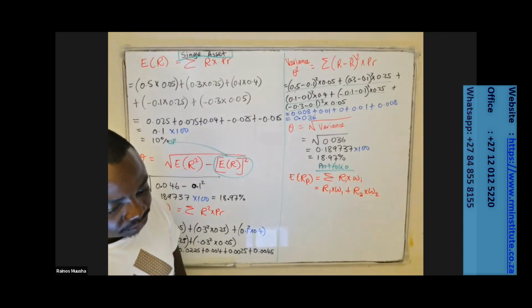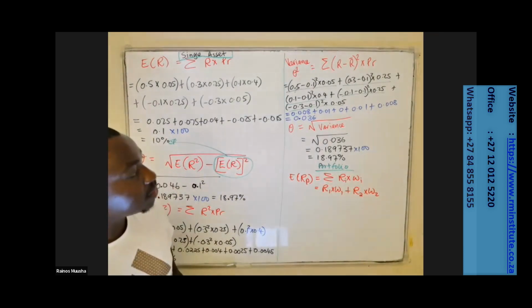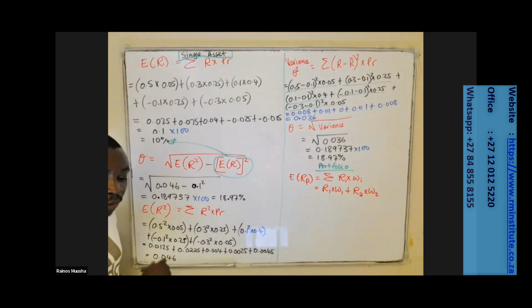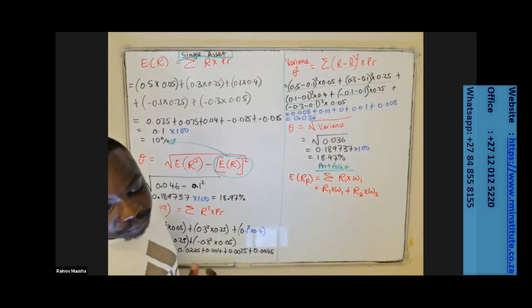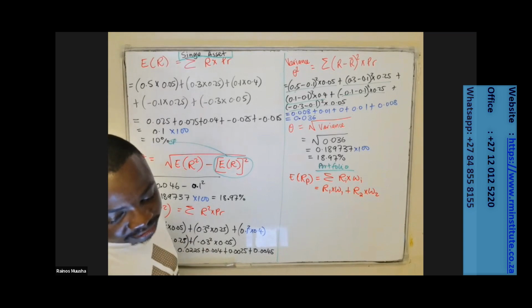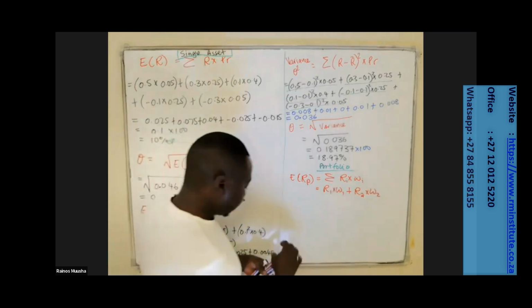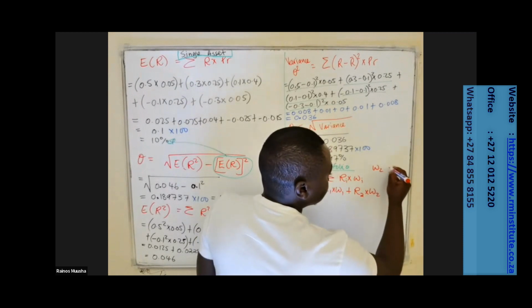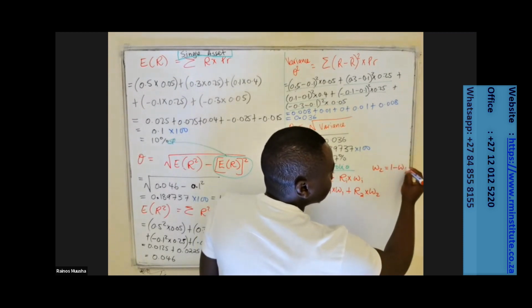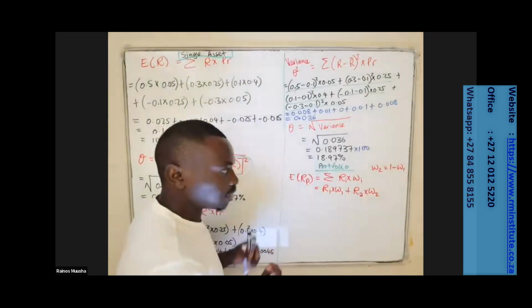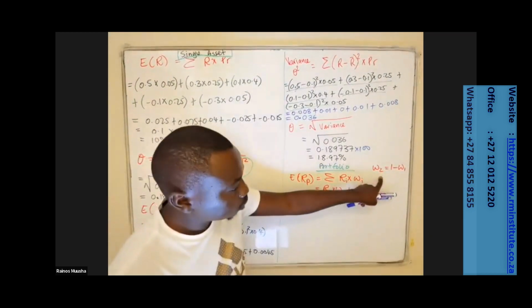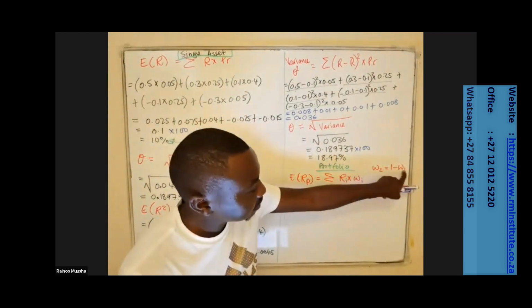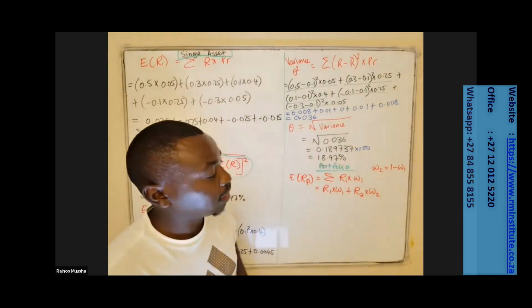And also, please take note, just like probabilities, weights always add up to 1. So if that is the case, the weight of asset 2 can also be given as 1 minus the weight of asset 1.